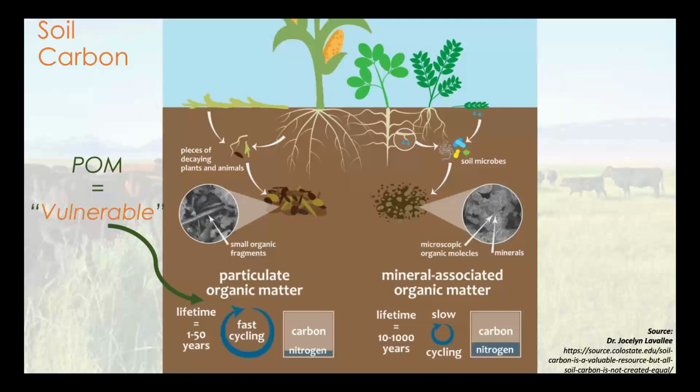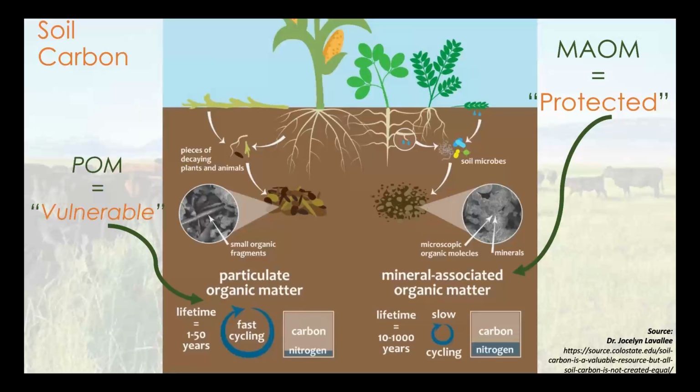Next slide. I'm going to walk through these key differences, the first being chemical makeup. POM we describe as more vulnerable, and MOM as more stable and persistent. They're composed of different material. POM is the stuff that you can see in the soil: fragments of roots and decaying leaves and organic matter.